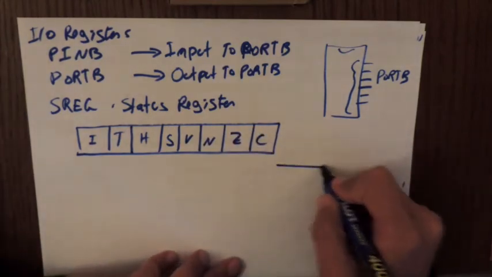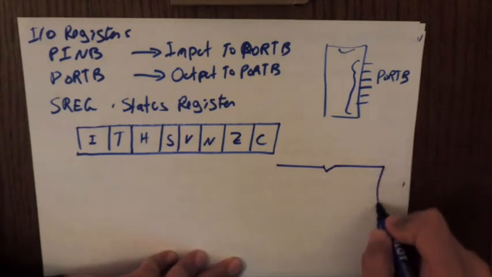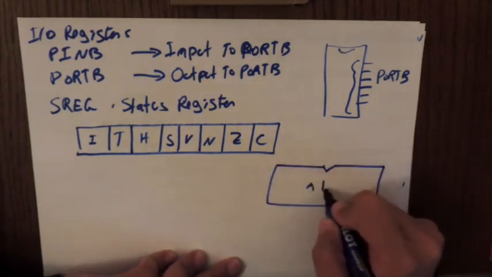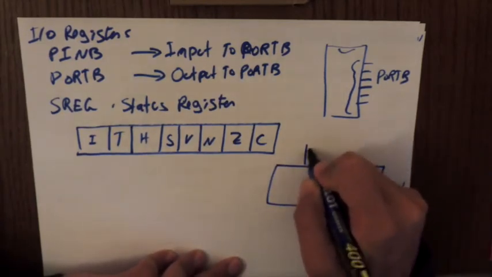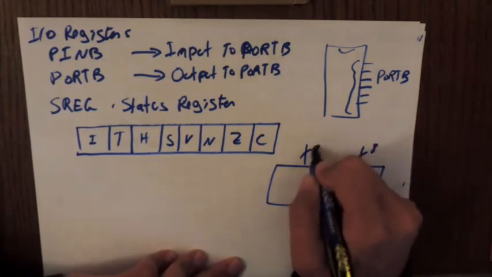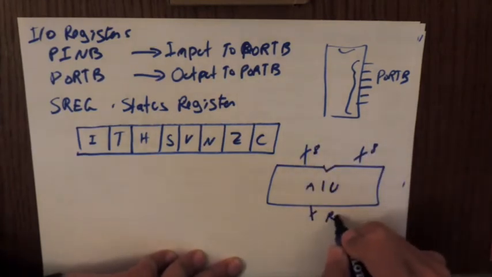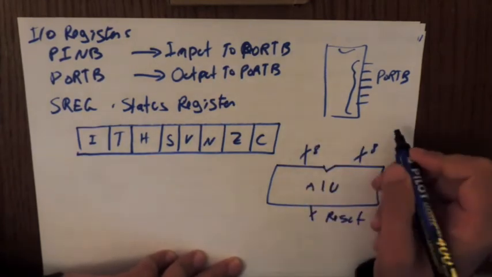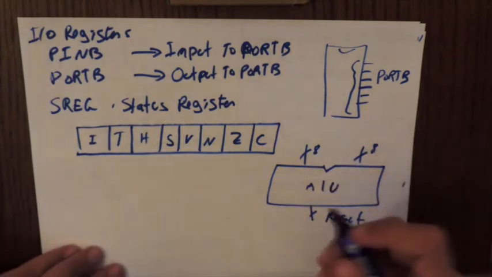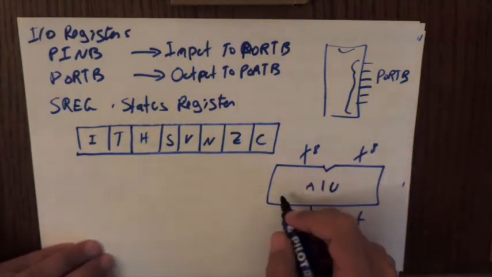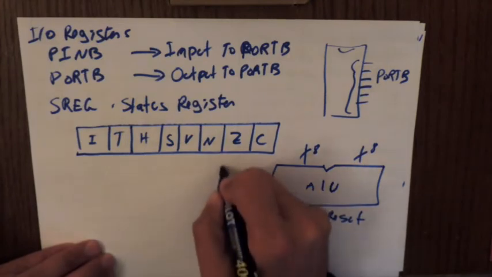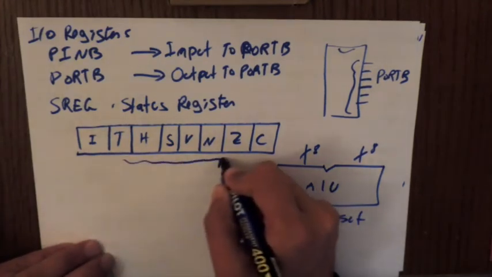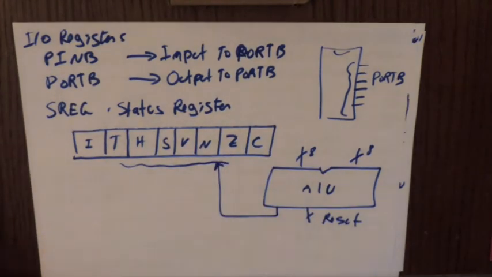So we must remember that whenever we do an ALU operation, we have those 8 bits coming here, and the result. So when we add two numbers, when we subtract two numbers, when we do any operation with the ALU, we have those flags that are connected to this SREG register.